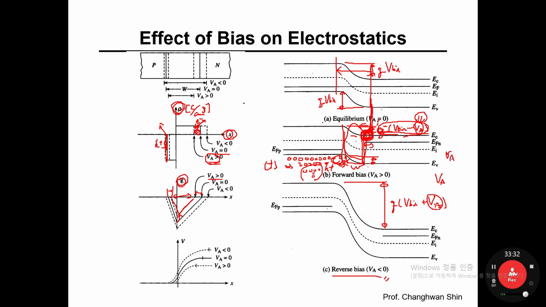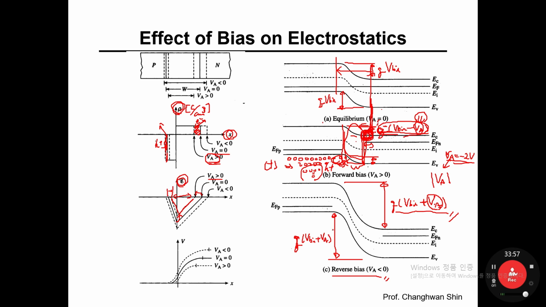Say the applied voltage is minus 2 volts, then I take the magnitude of it. So Q times VBI plus VA indicates a higher energy barrier height, and from the perspective of holes, this energy barrier height is also Q times VBI plus VA.